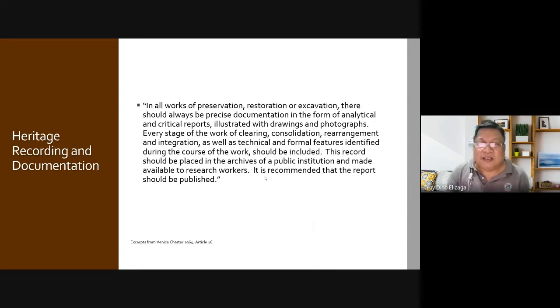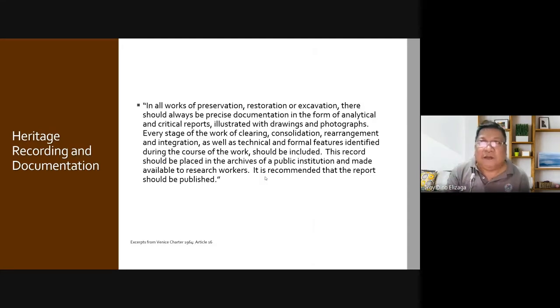Next is that every stage of the work of clearing, consolidation, rearrangement, and integration, as well as technical and formal features identified during the course of the work, should be included. So for each project, documentation should include also each step or process in that project.